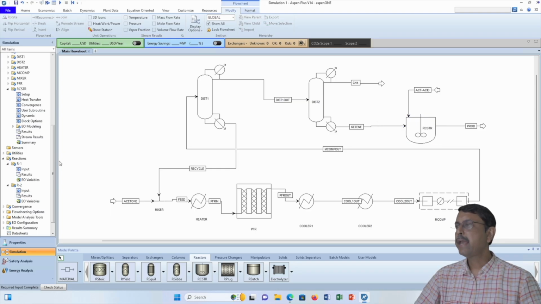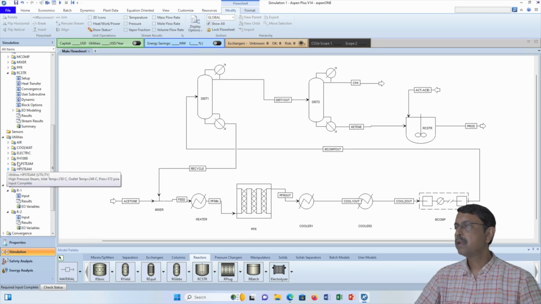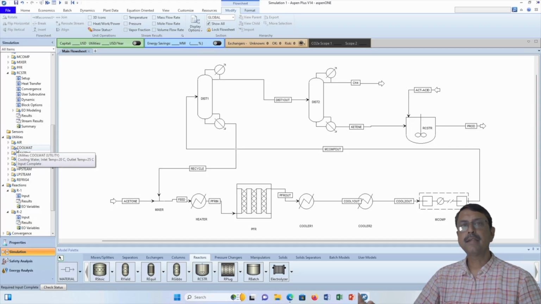Now mind that we have called several utilities over here: air, cooling water, electricity. Now for each and every one of them there are certain default values. For instance, the cooling water inlet temperature is 20 degrees centigrade, outlet temperature is 25 degrees centigrade.